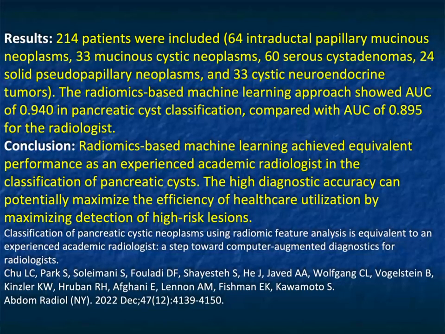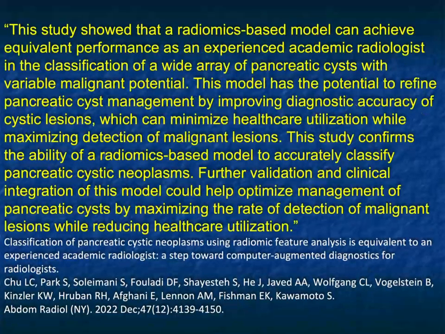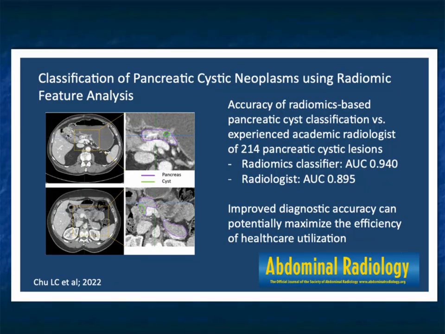Radiomics-based machine learning achieved equivalent performance as an experienced radiologist in the classification of pancreatic cysts. The high diagnostic accuracy can potentially maximize the efficiency of healthcare utilization by maximizing detection of high-risk lesions. So again, moving far beyond just adenocarcinoma, and very, very important information.